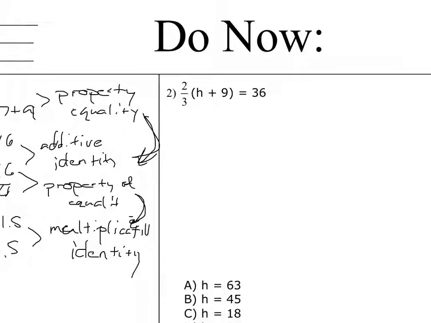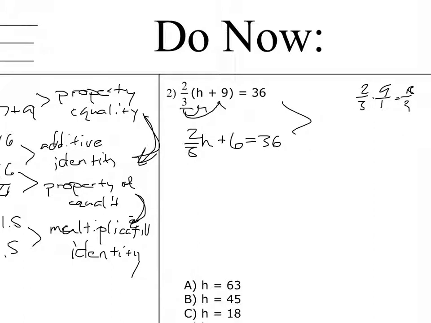So looking at this, we can simplify this by distributing 2/3 times h and 2/3 times 9, so that's 2/3 times h plus 2/3 times 9. I can do the quick math over here. It's going to give me 18 over 3, which is 6, is equal to 36. So now I'm going to do my additive inverse.